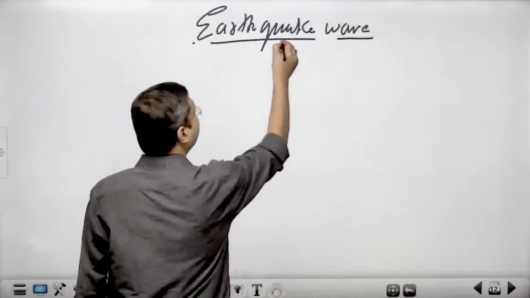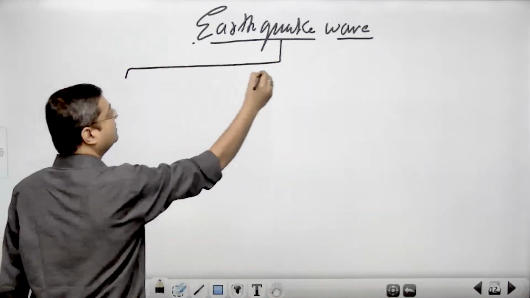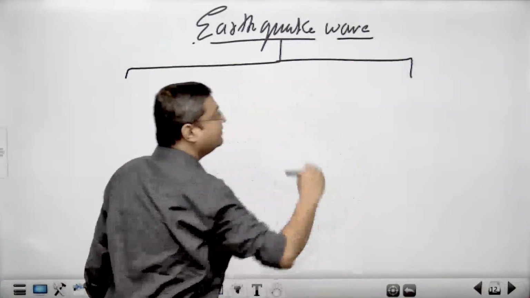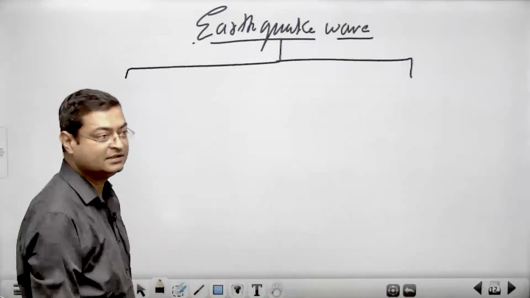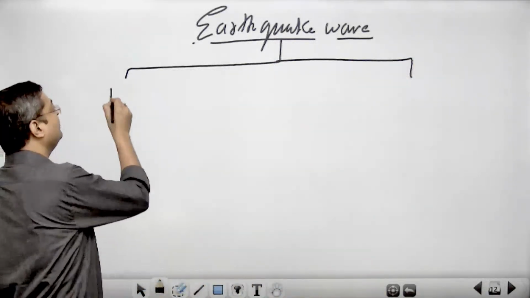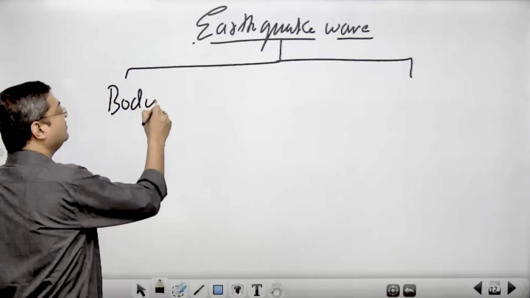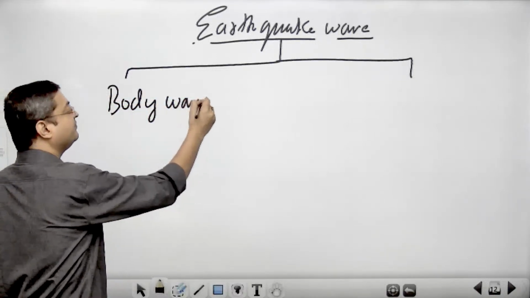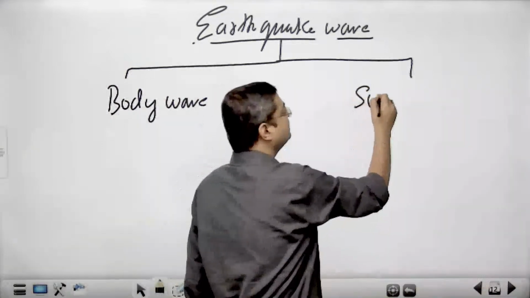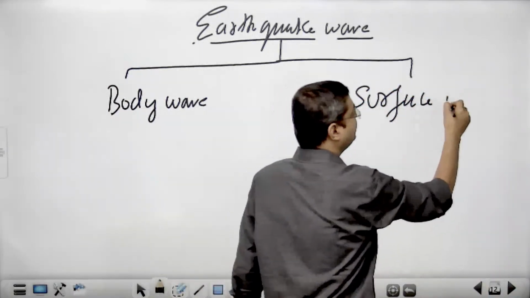So earthquake waves are divided into, don't write this down, two types. One is body waves, then there are surface waves.